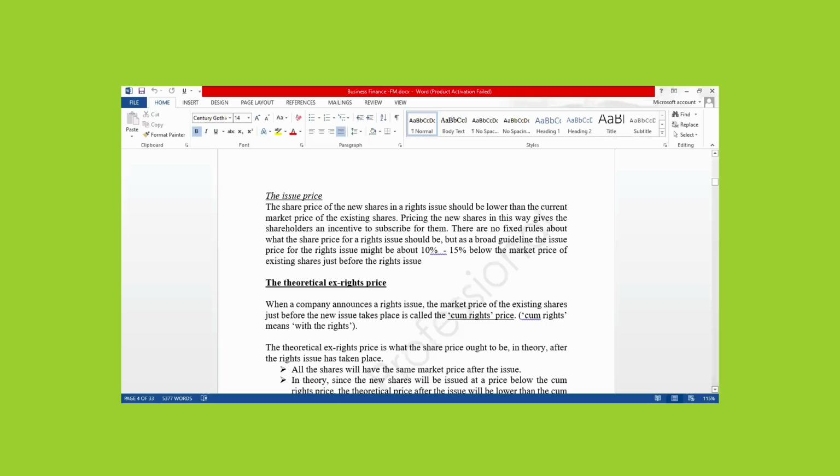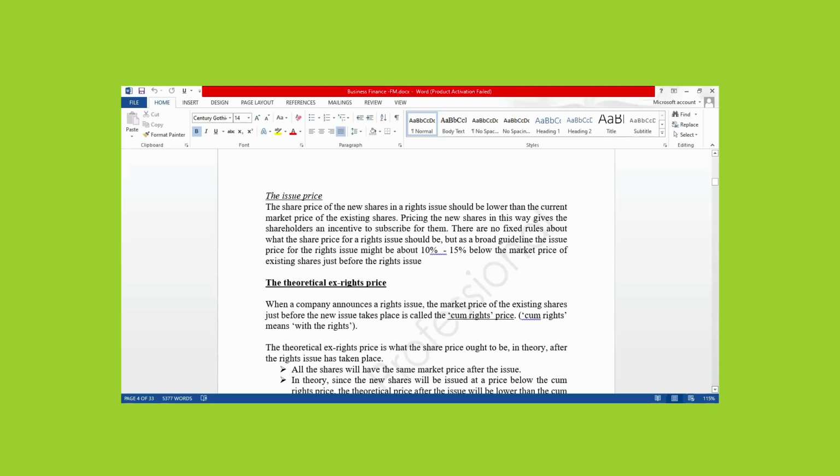Please don't forget, for a company to do a rights issue, that company must have shares in existence. The existing shares must have a price at the stock market. The price of the existing shares before the rights issue is what we call rights price.